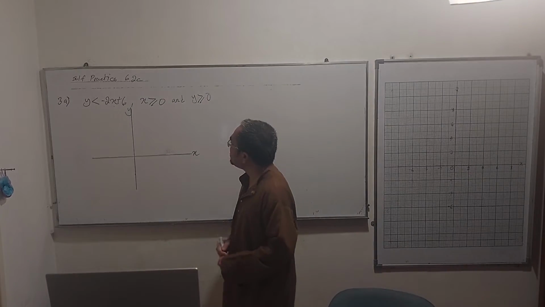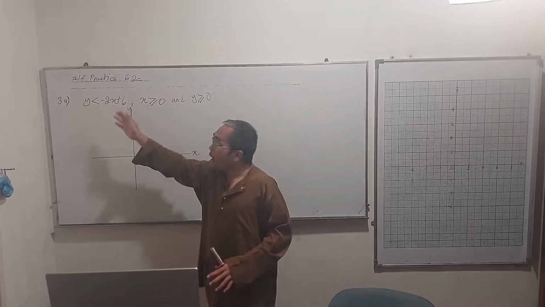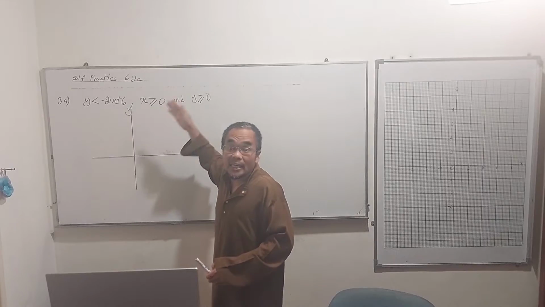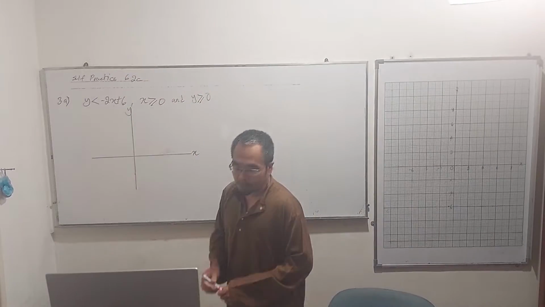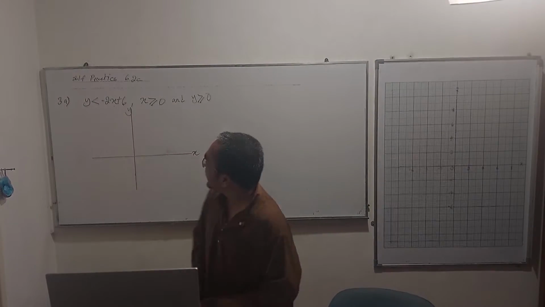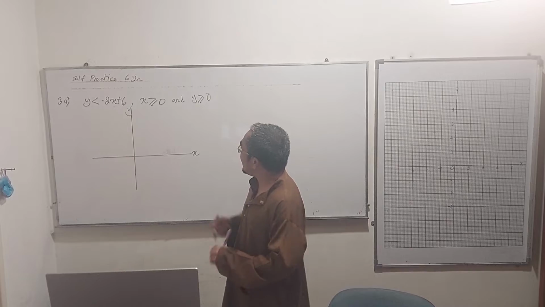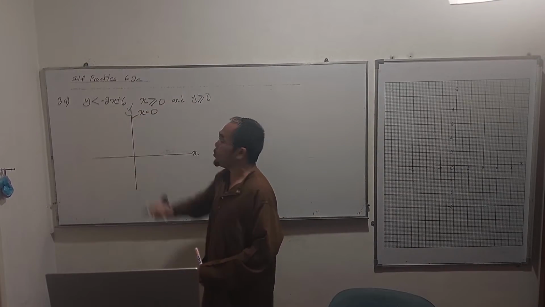So for your info, you have to draw y equals negative 2x plus 6, x equals 0, and y equals 0. So let me explain that you already have x equals 0, which is at the y-axis. This is x equals 0.